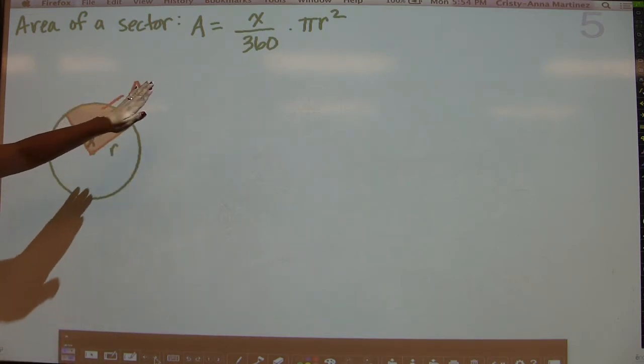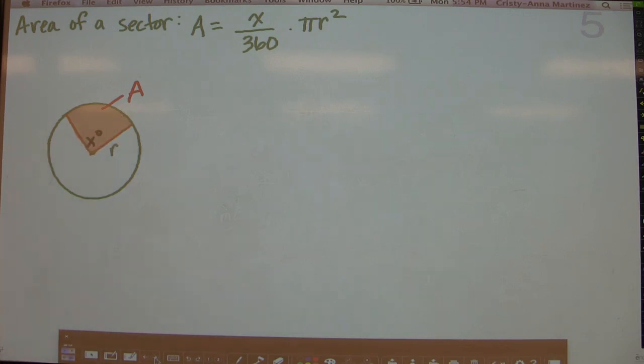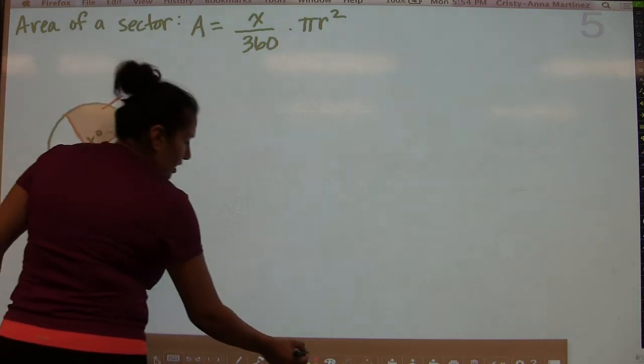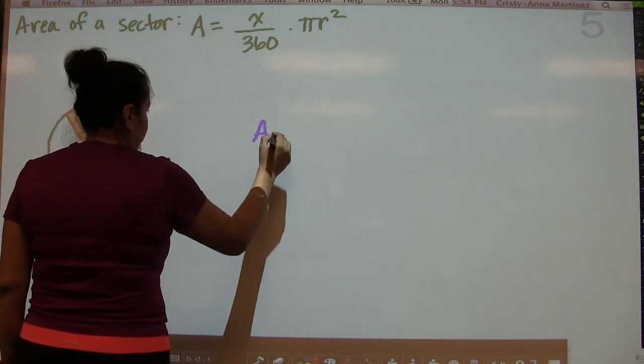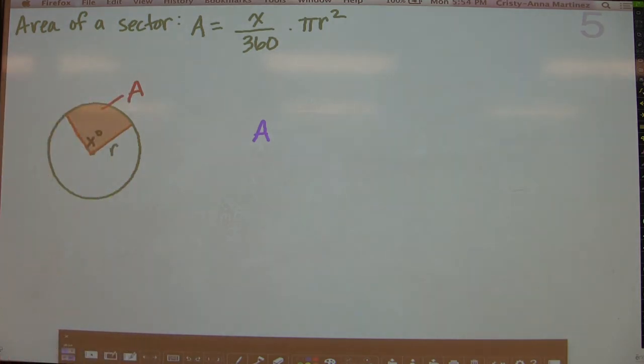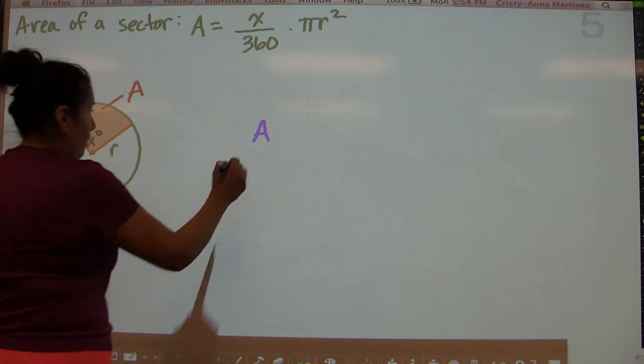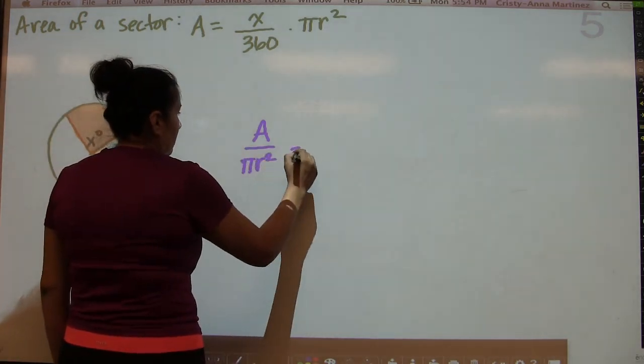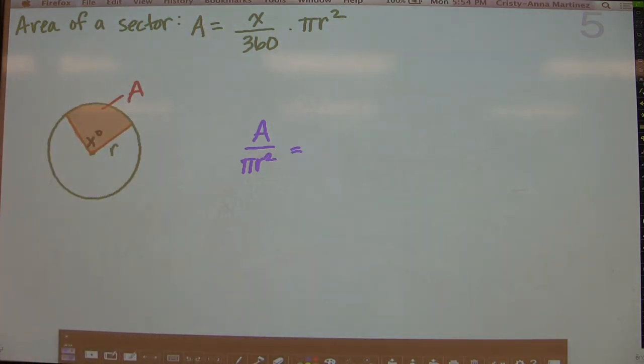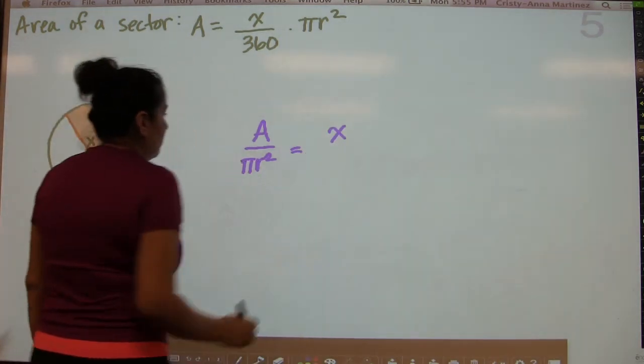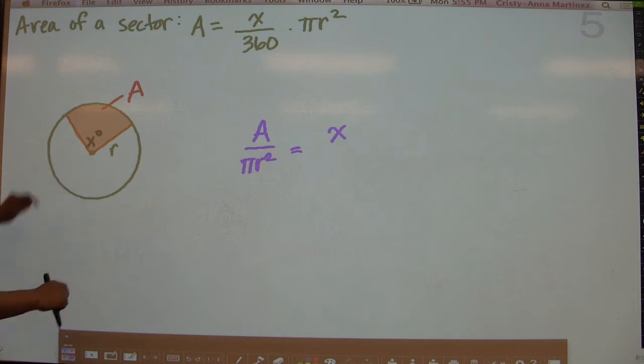This formula should make sense because the ratio of the area of the sector, which is the piece that I've highlighted, to the area of the whole circle, which we know is pi r squared, is the same as the ratio of the degree measure of the intercepted arc to 360.